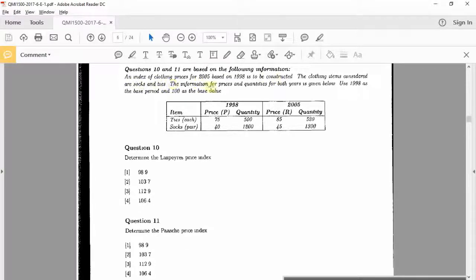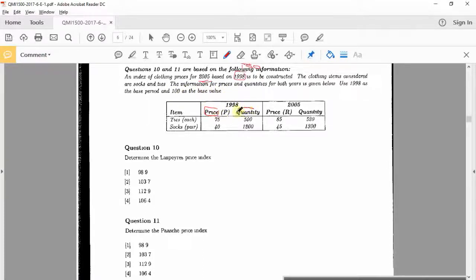Okay, so to carry on where we left off, questions 10 and 11 are based on the following information. An index of clothing prices for 2005 based on 1998 is to be constructed. So 1998 is your base year. Remember, with an index you need a base year, which is always 100, and then you'll have 2005, which would be based off that year.